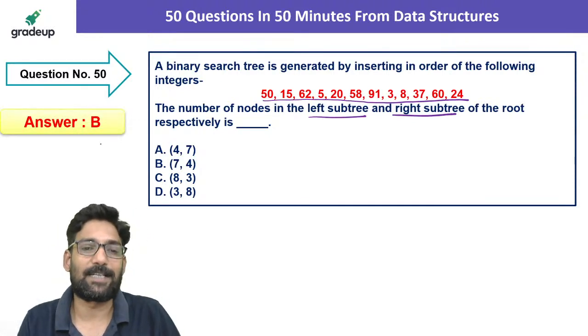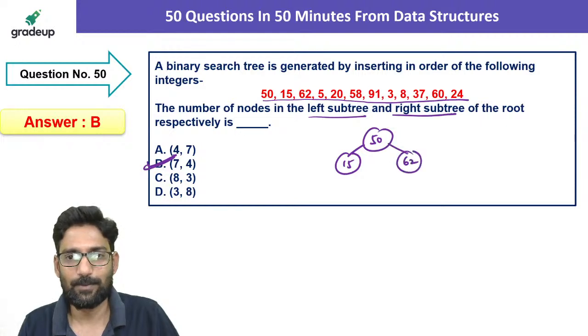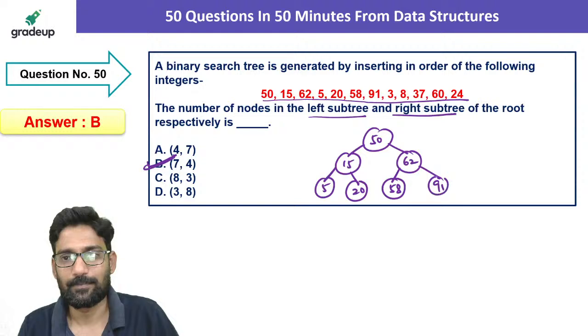Yes, the right answer is option B. So it's a binary search tree. 50, 15, 62, 5, 20, 58, 91, 3, 8, 37.